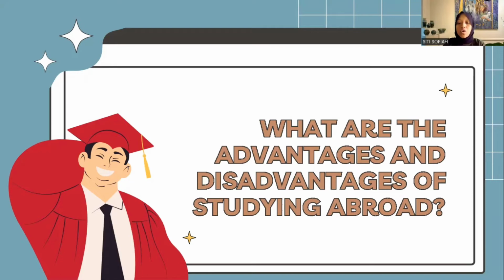So when we want to communicate with our family or friends, we have to consider the time. And then in other countries, we have to spend much money for the cost of living. It's not like in Indonesia. We don't need to spend a lot of money for the cost of living.